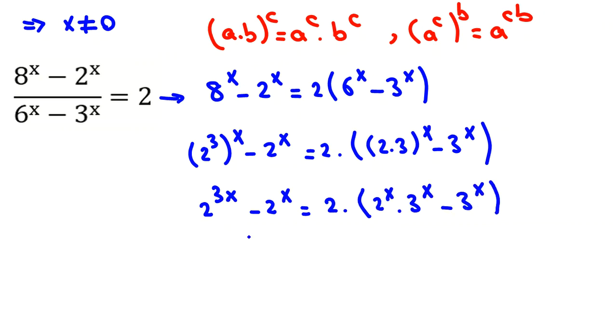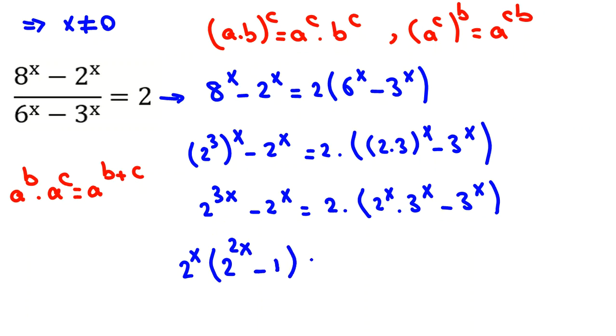Now here, if we factorize 2^x, again using the power rule, 2^x, if you factor, 2 to the what plus x is 3x, 2x. By applying this rule, minus here, it will be 1. Here, it will be 2 times, and we can factor from 3^x. It will be 2^x minus 1.